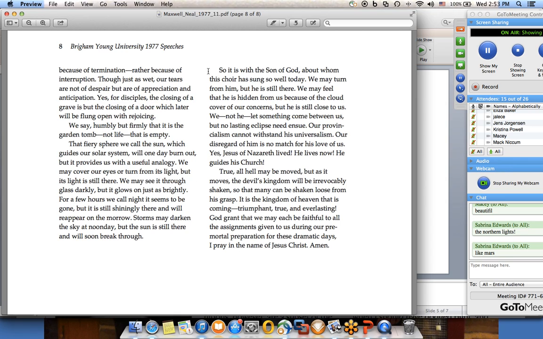So it is with the Son of God, about whom this choir has sung so well today. We may turn from Him, but He is still there. We may feel that He is hidden from us because of the cloud cover of our concerns, but He is still close to us.